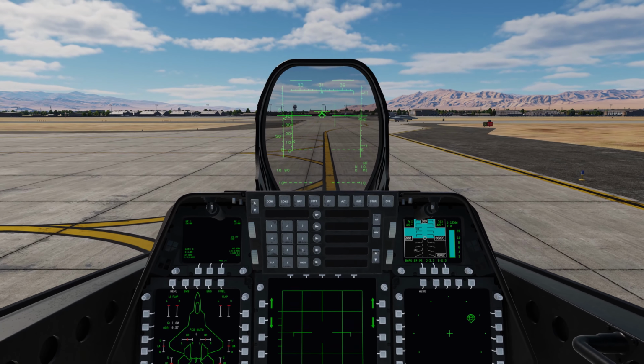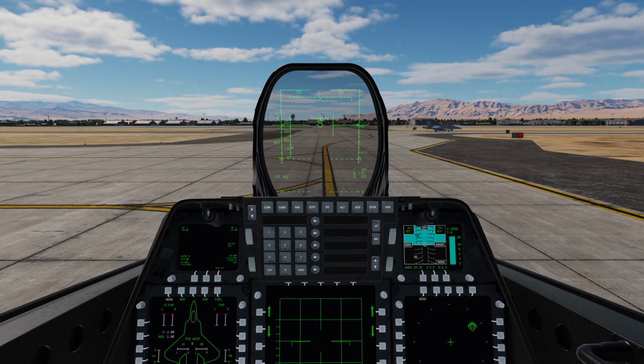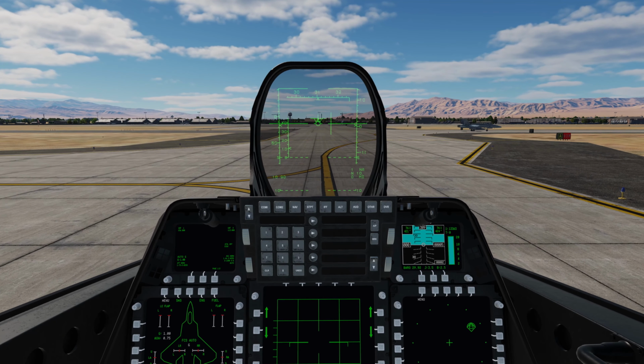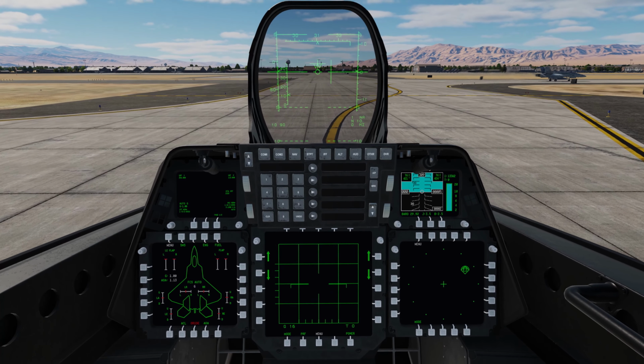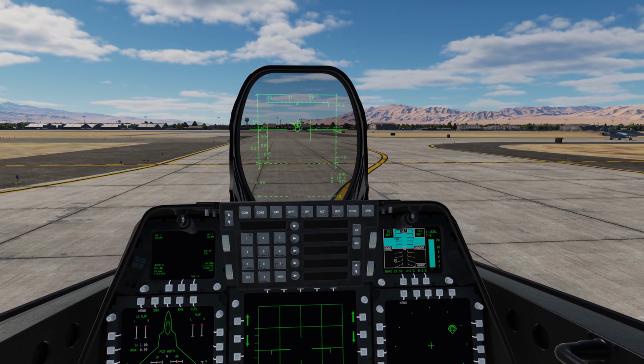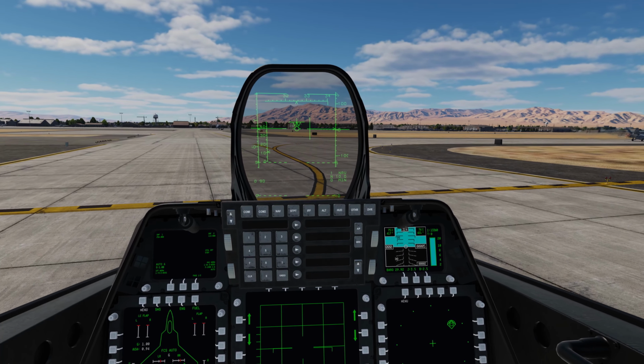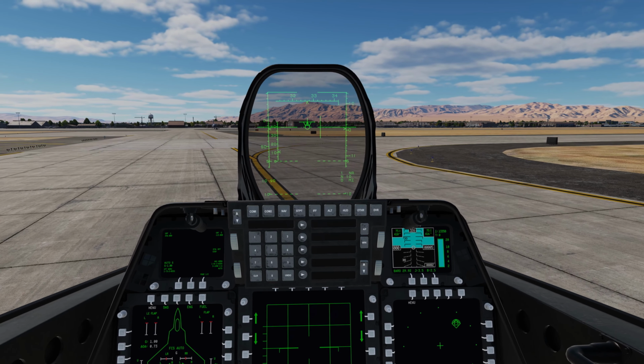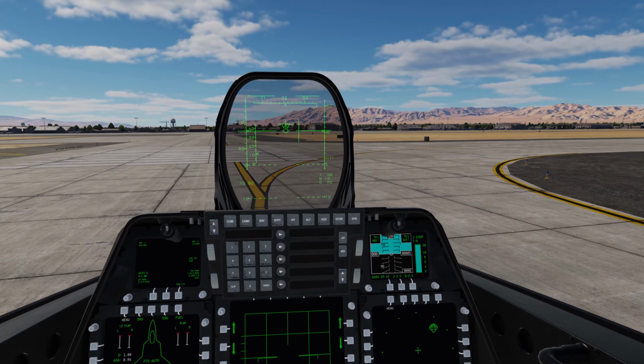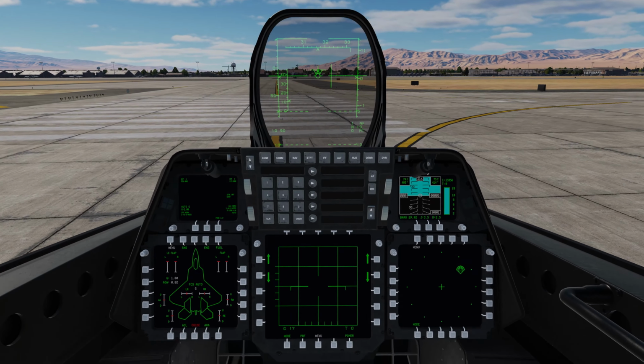And out in the training area, we'll be engaging 2 CAP flights, one set of MiG-31s and one set of Su-27s. Got a complement of 6 AMRAAMs and 2 Sidewinders. Let's get it.